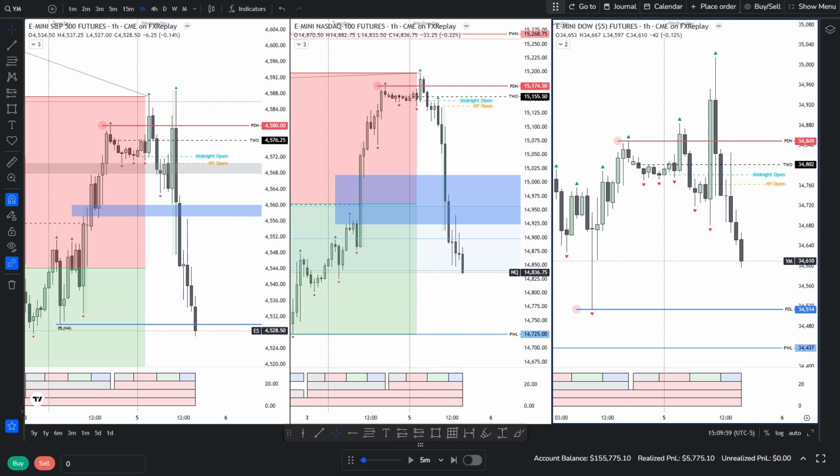Yeah, I think that's fine. So if we purge a previous day's high or low symmetrically whilst also forming SMT, that's high probability.